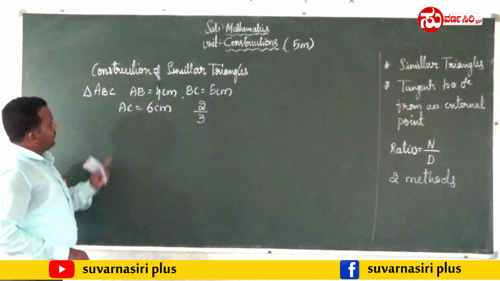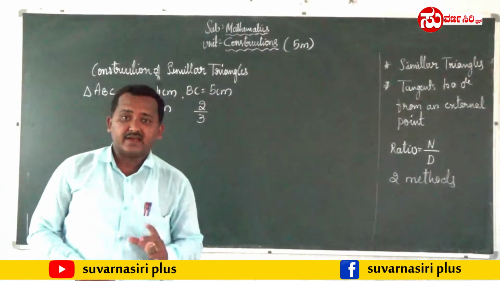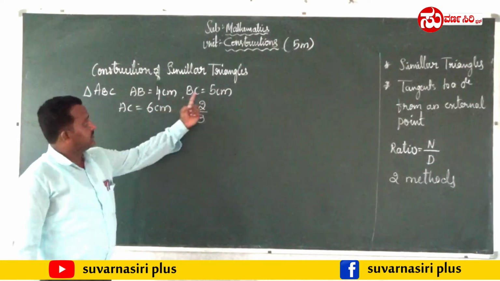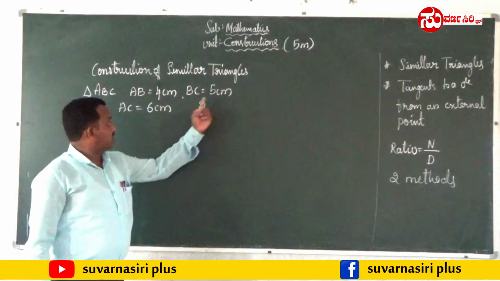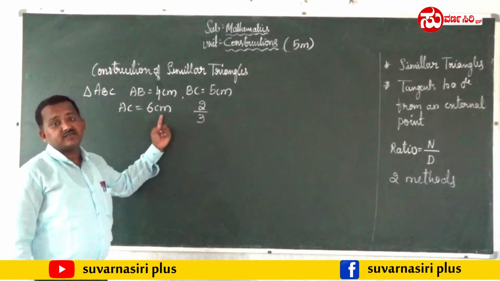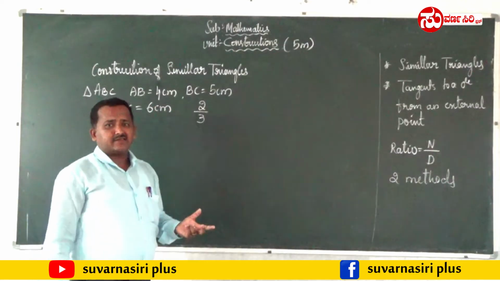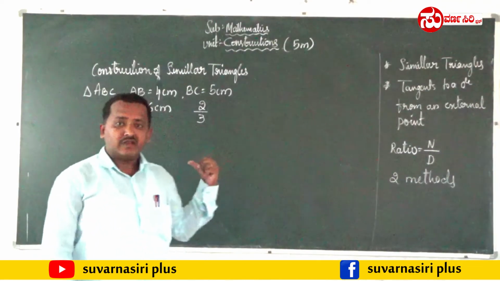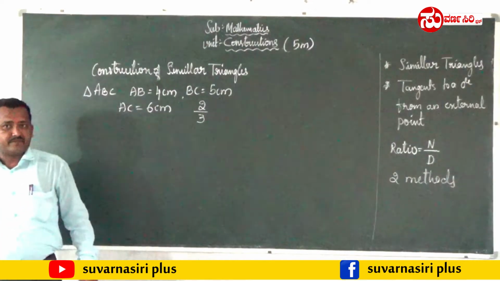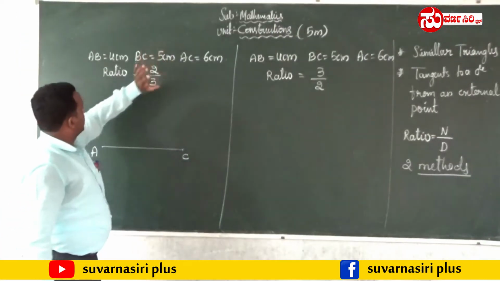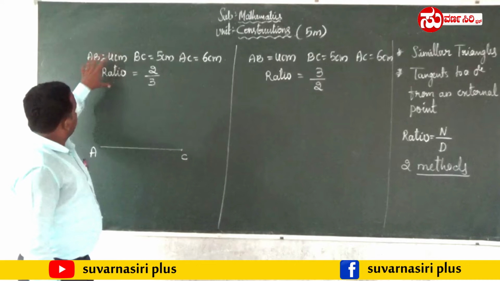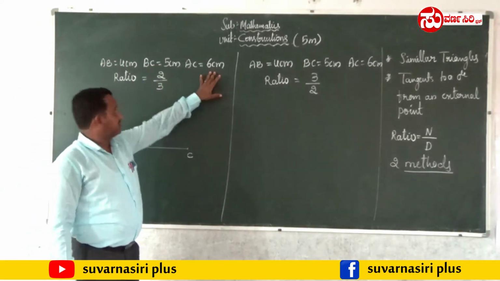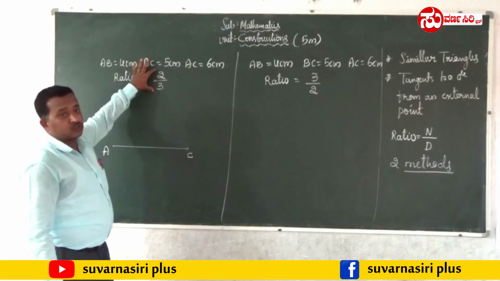First we should draw a triangle with measurements AB equal to 4 centimeter, BC equal to 5 centimeter and AC equal to 6 centimeter. From the lower classes you have learnt how to construct a triangle. Now let us see it once again. The given ratio is 2 by 3.